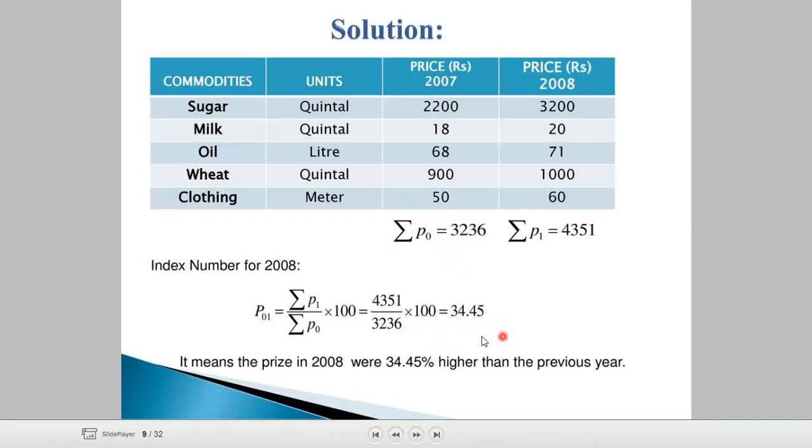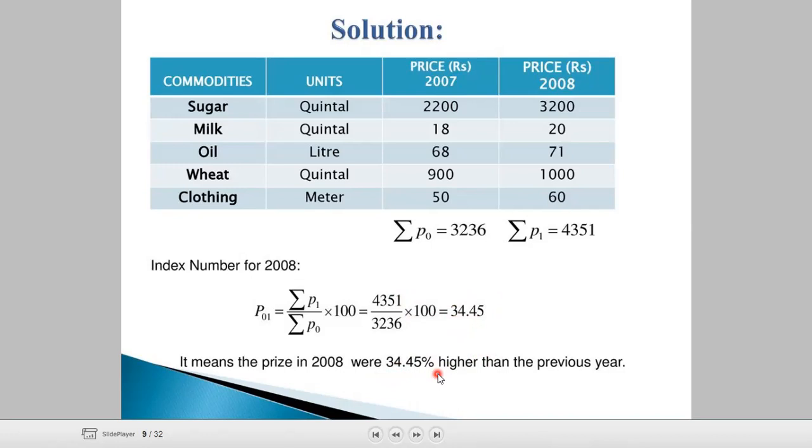So when we draw a conclusion, we will not take 120 as the index number of the base year. We will assume that it was 100. And then we will deduct 100 from 134.45. So what do you get ultimately? 34.45. So this 34.45 will become your present year index number.